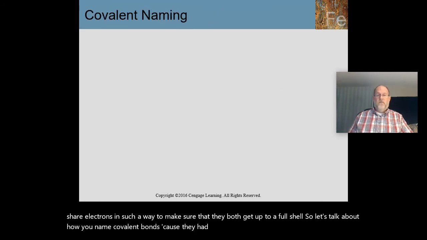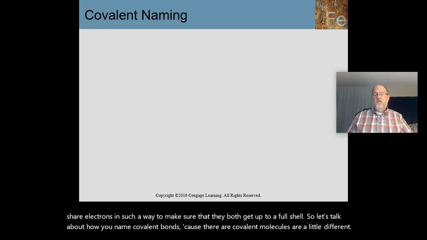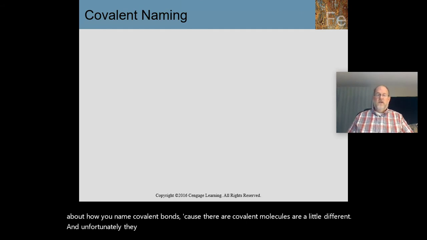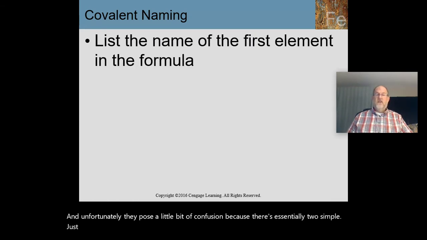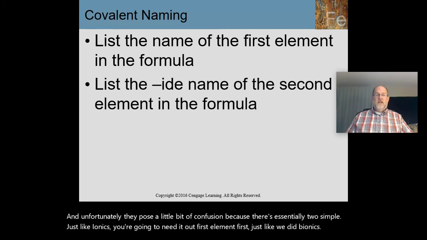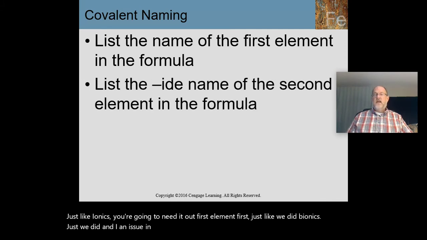They're a little different. And unfortunately, they pose a little bit of confusion because they're essentially too simple. Just like we did in ionics, you're going to name the first element first. Just like in ionics, you're going to name the second element with an IDE ending.